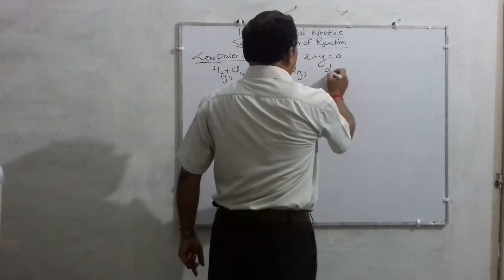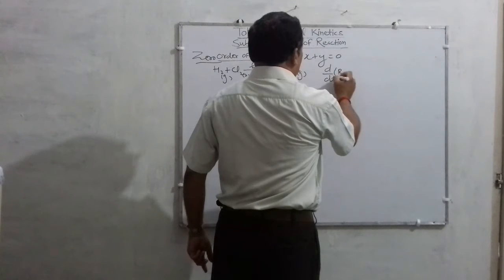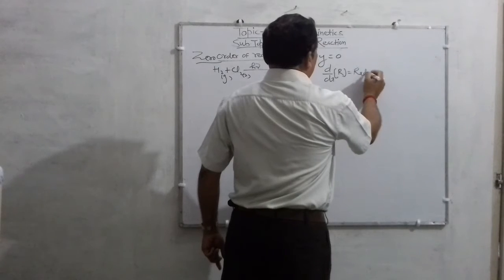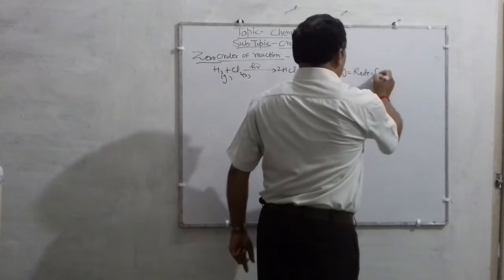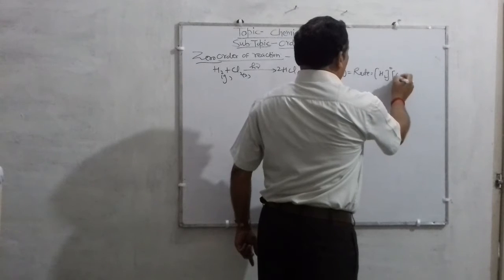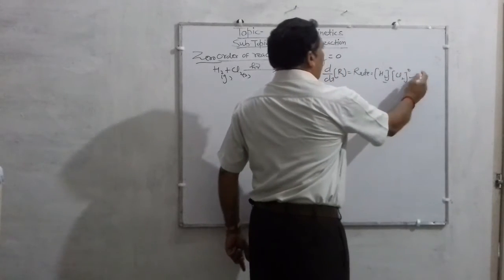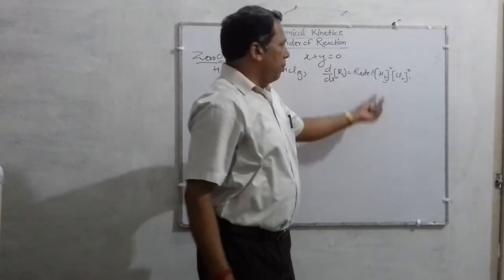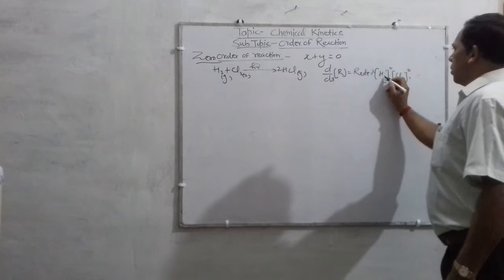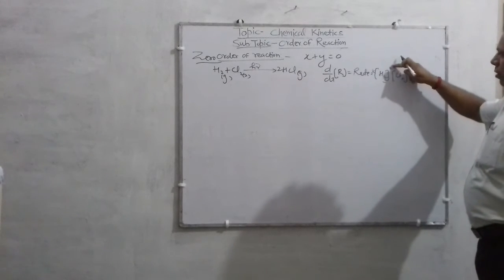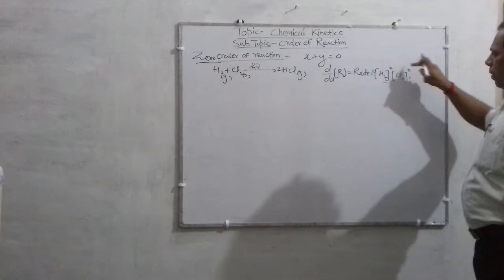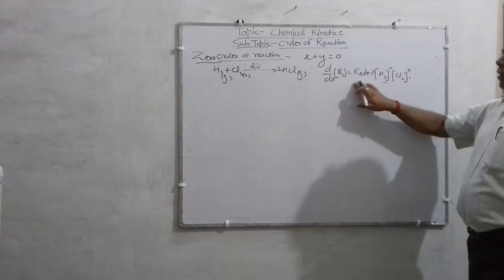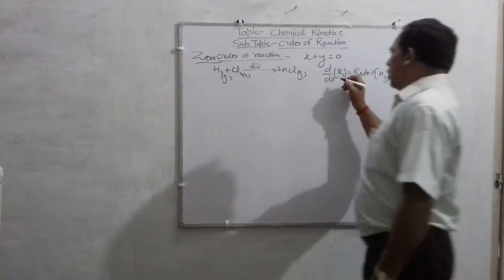If you write its rate, that is rate equals k [H2]^0 [Cl2]^0, that is k. The concentration terms have power 0, meaning the value of x plus y becomes 0. So that is clearly referring to zero order reaction.